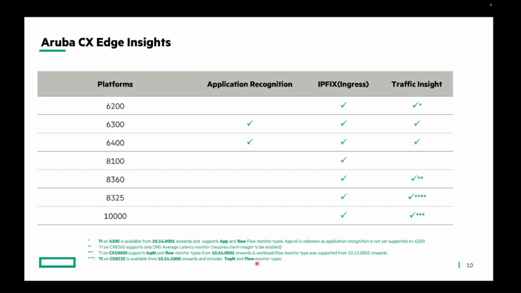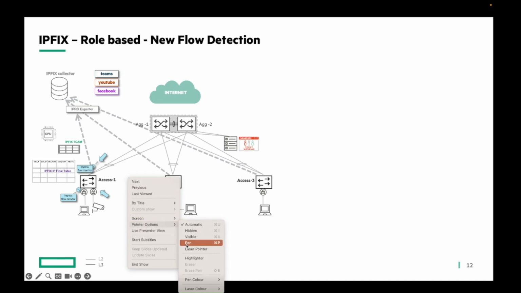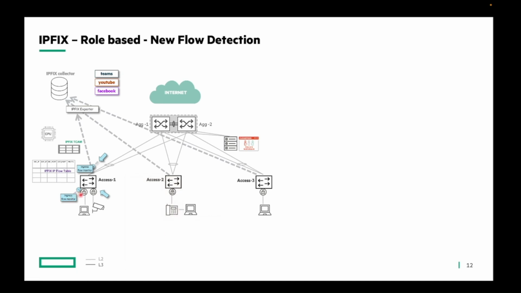All right. Now let's get into the IPFIX role-based new flow detection mechanism. How is it happening, what do we do? To understand that, you understand the topology here where I have enabled role-based IPFIX on these interfaces, and it's role-based.